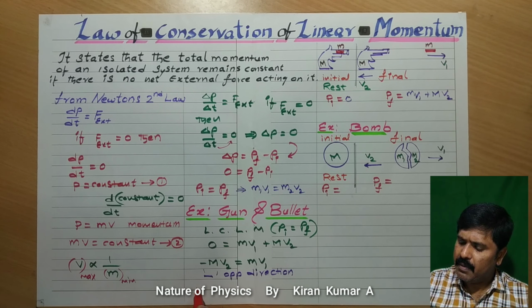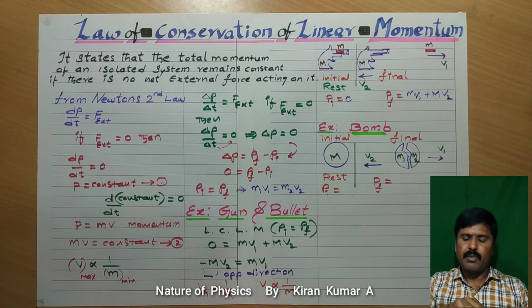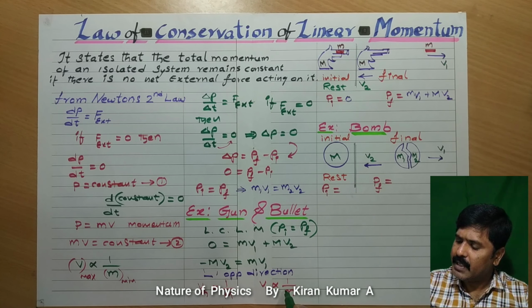One thing we have to notice here: the velocity of the gun is inversely proportional to the mass of the gun, and the velocity of the bullet is inversely proportional to the mass of the bullet. See students, here the bullet mass is minimum, that's why its velocity is maximum.